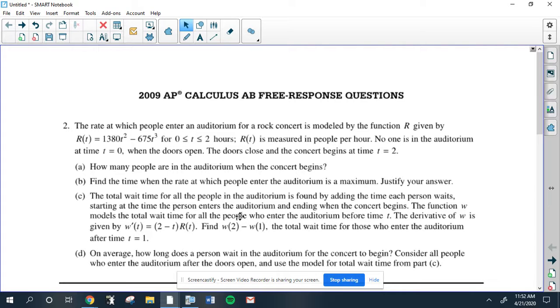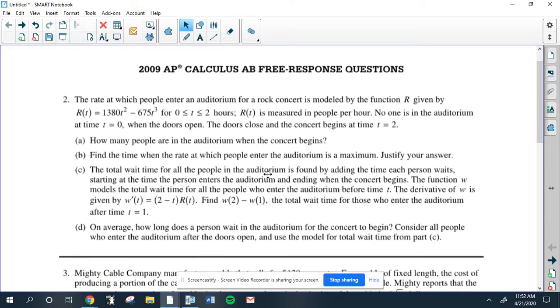Here we're going to be looking at one question from this 2009 free response, and it's going to be question B. It's a very popular type of question. First of all, looking at question A, they're giving us a rate at which people enter this auditorium, and question A asks for the total number based off a rate.